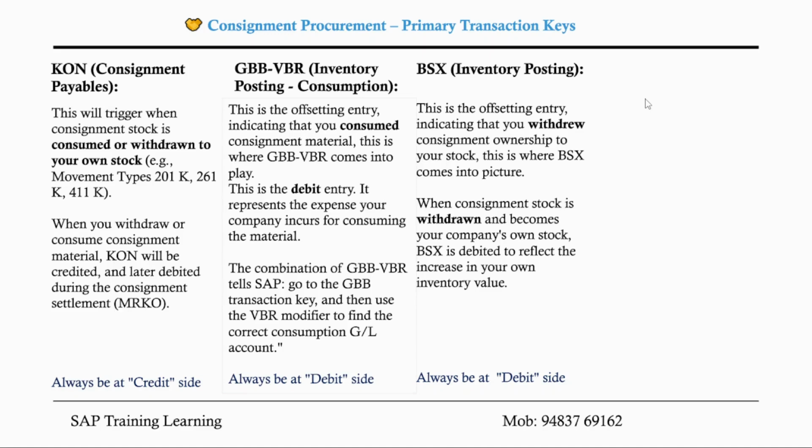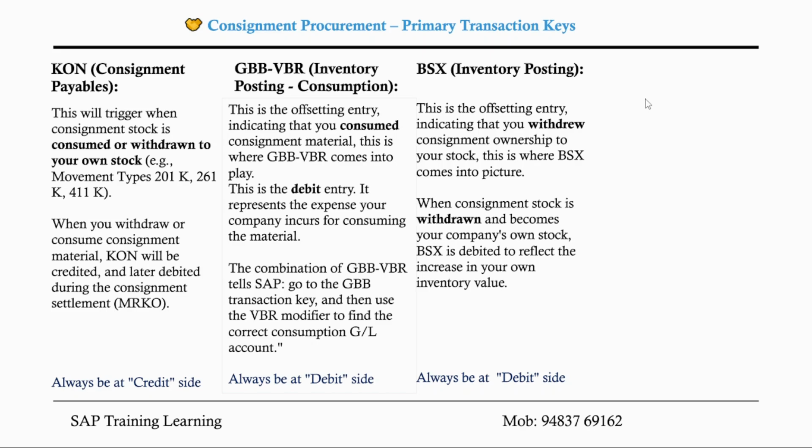First, let's understand: mainly there are three types of transaction keys only. There are not more, only three transaction keys. They play a major role in these consignment goods movements.